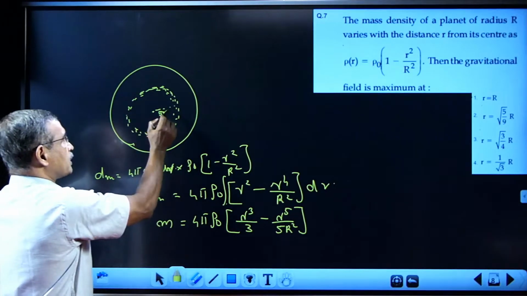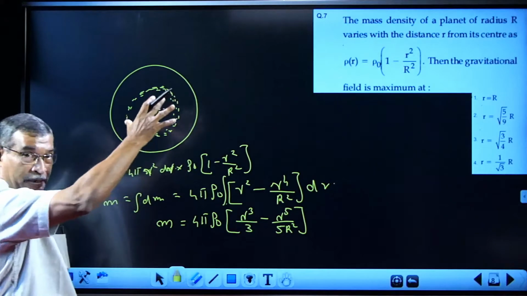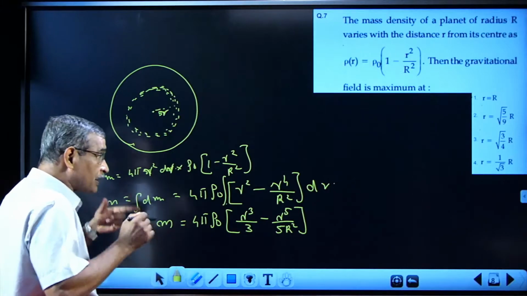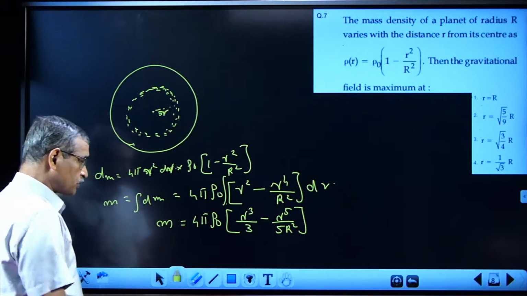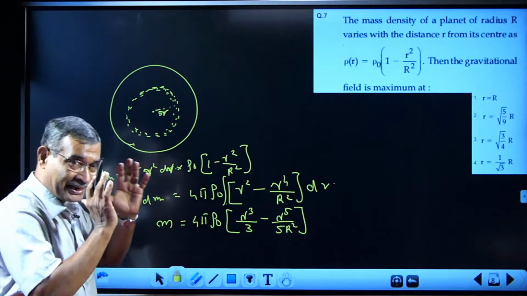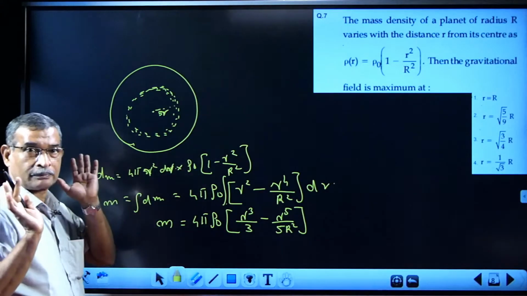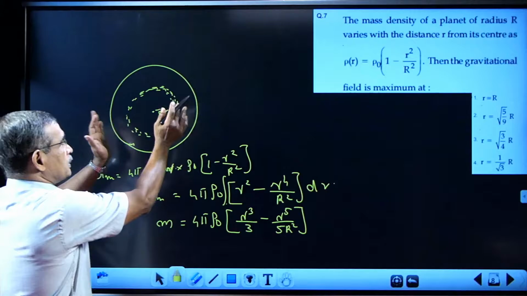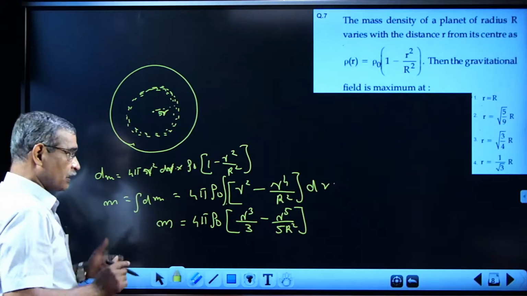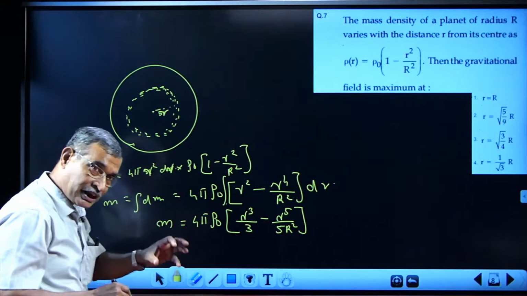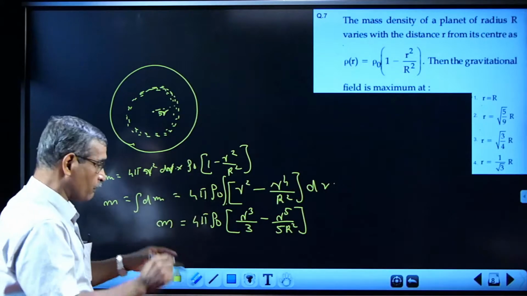When the radius r increases, the mass of that inner sphere goes on increasing. Then what is the intensity for that inner sphere whose radius is small r, which is less than capital R? What is the gravitational intensity at the surface of that inner sphere of radius r?